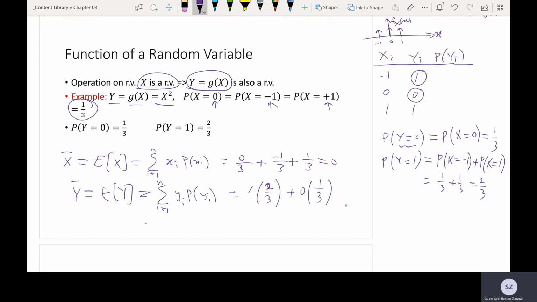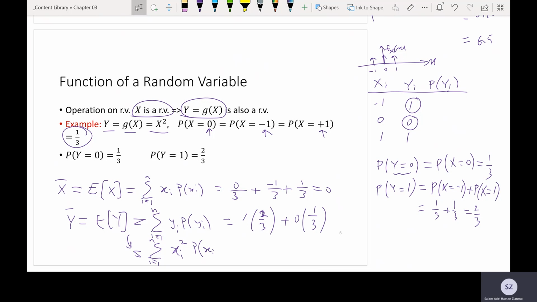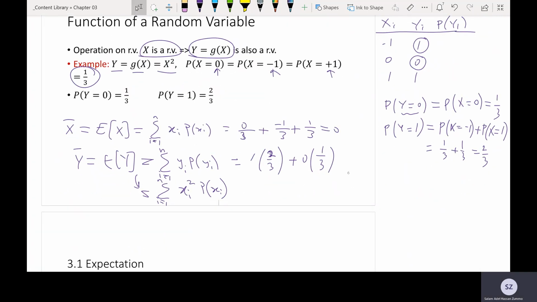What is y? So this is the new thing that you will learn here. What is y? It is xi squared multiplied by the probability of xi, whatever is inside here.